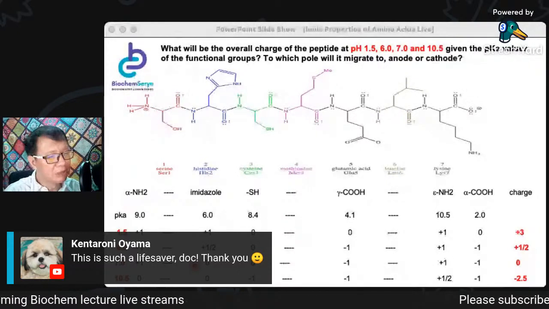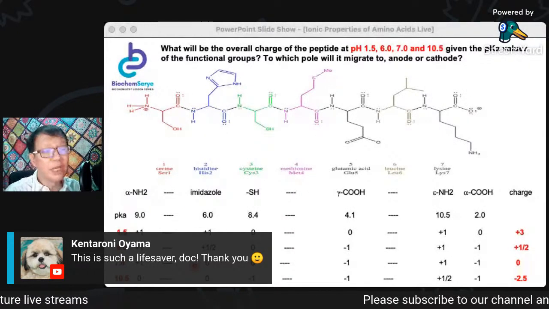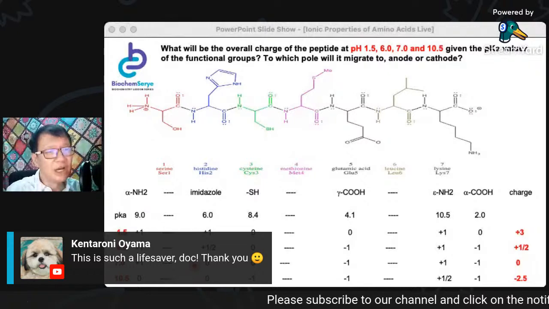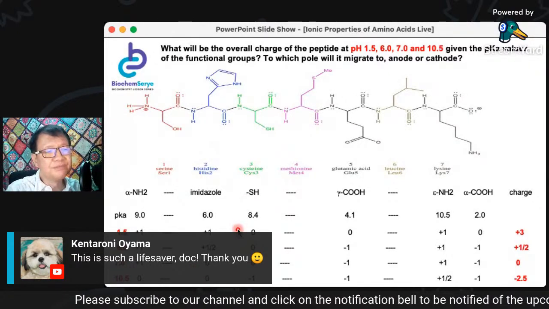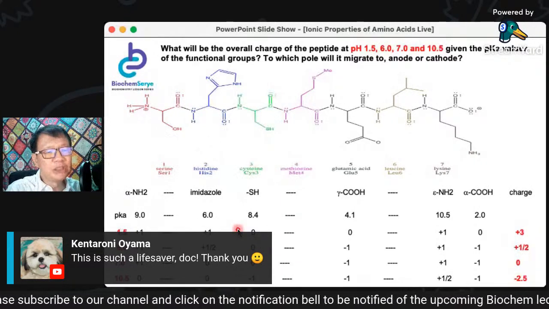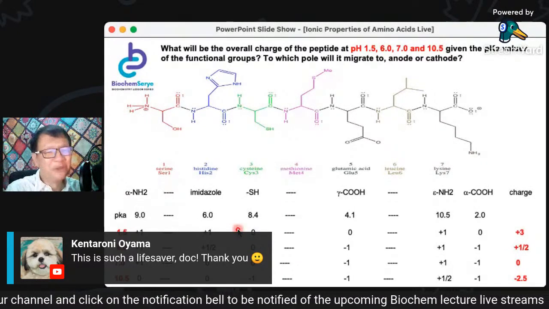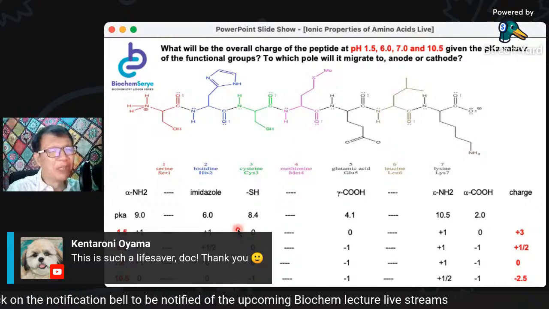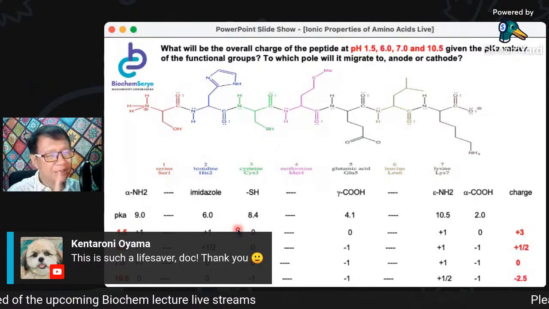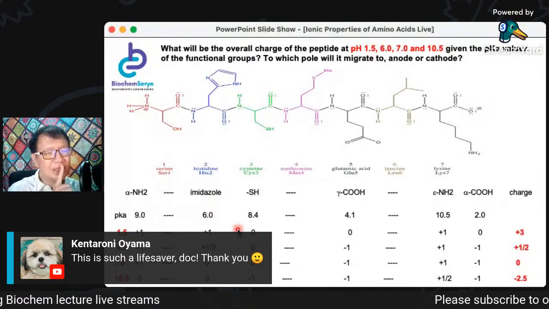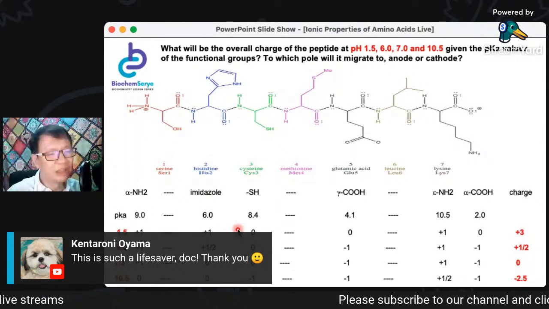Doc, is it possible to have a negative charge? Yes. Very good question. If the pH coincides with the pKa of your beta carboxyl, is it possible to have a negative one half charge?